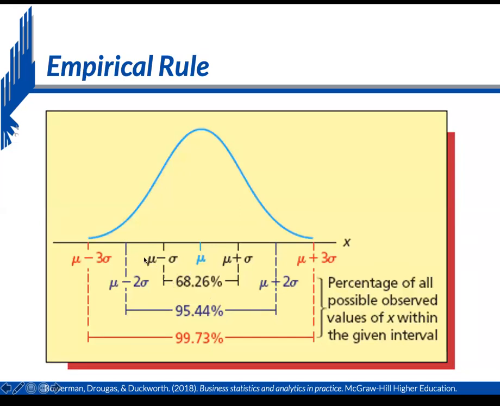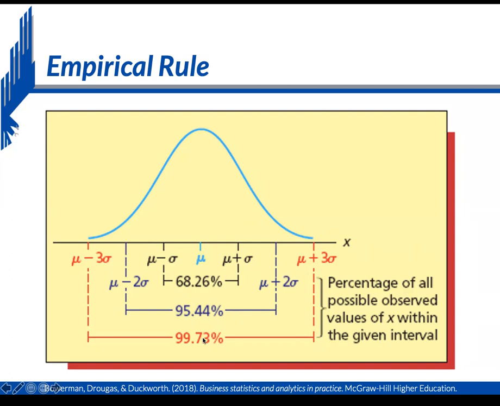While the interval two standard deviations from the mean, so two standard deviations to the left to two standard deviations to the right, contains 95.44% of all values of x. And finally, for three standard deviations, that's 99.73%.